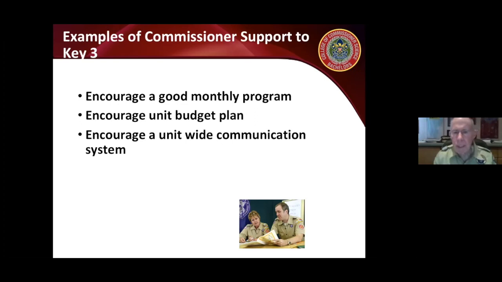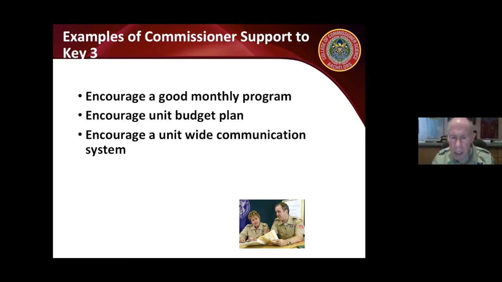There needs to be a unit-wide communication. In today's world, we have many options available to us to help have that communication. But somebody needs to be in charge of it, whether it be a website, whether it be a Zoom meeting, texting, emailing, calling, a continual reaching out.